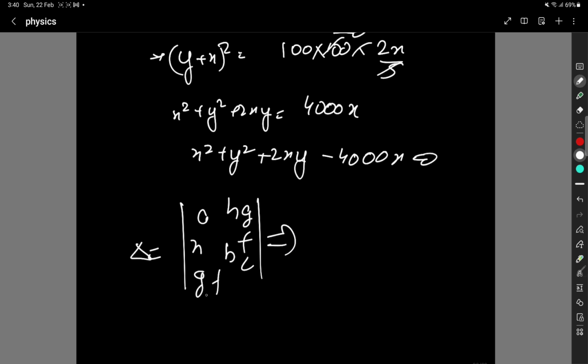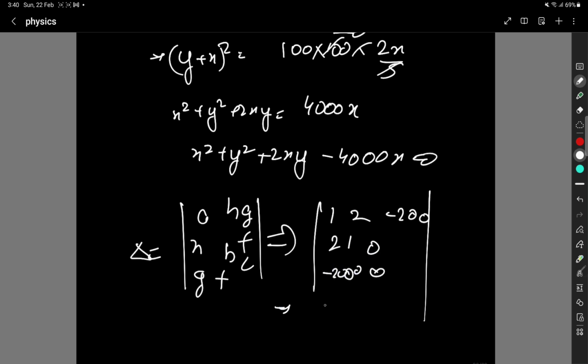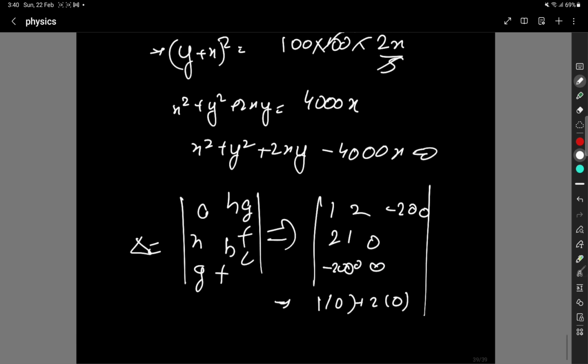This is taught in straight lines for everyone.